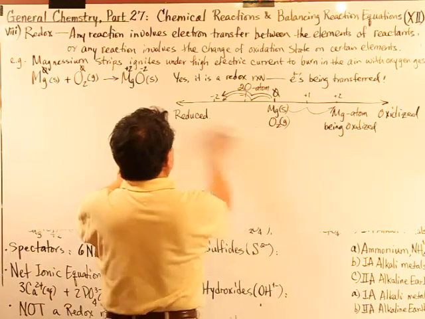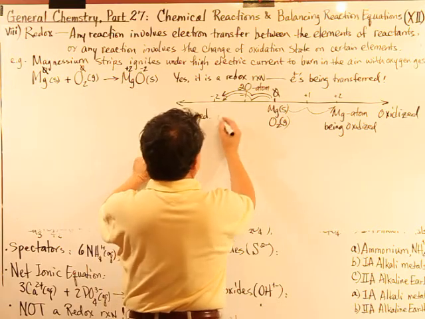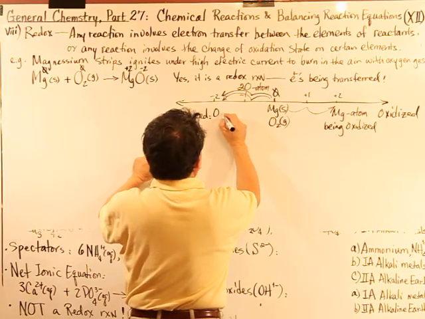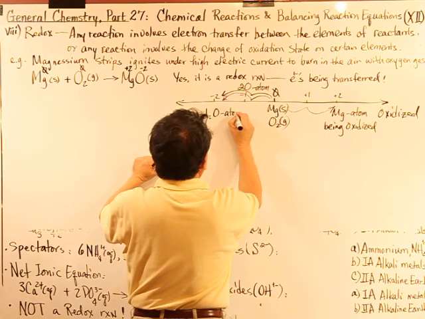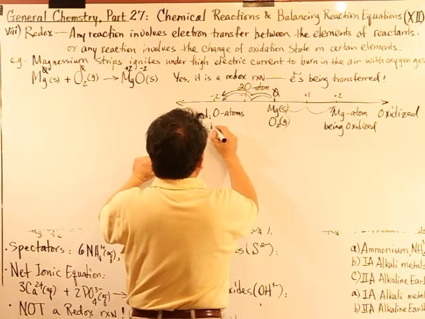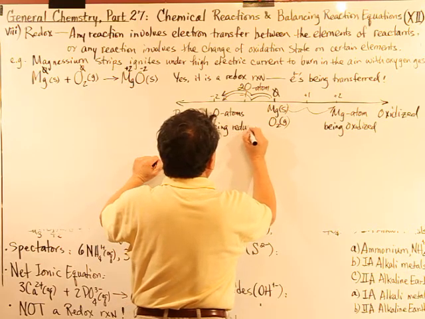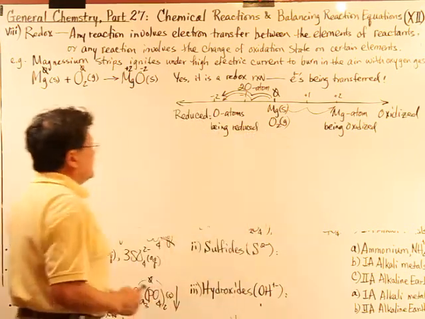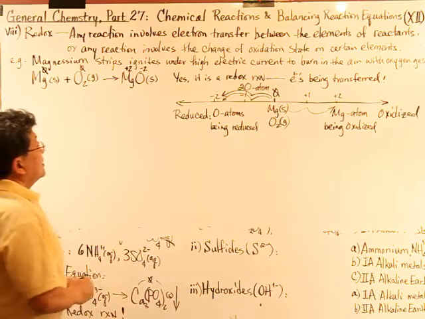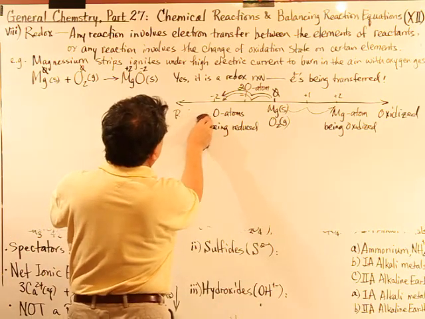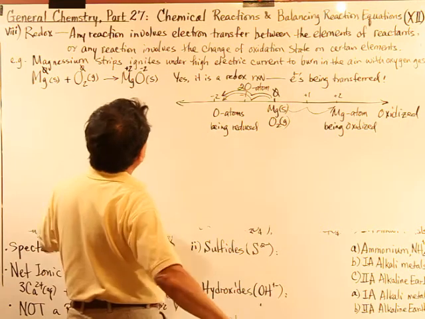So what happened is reduced. So the oxygen atoms are being reduced. Right. Let's make it a little bit, it's too crowded. All right, let's do the reduction on this side.